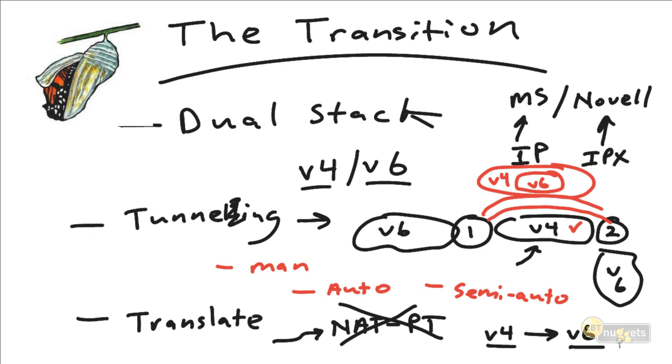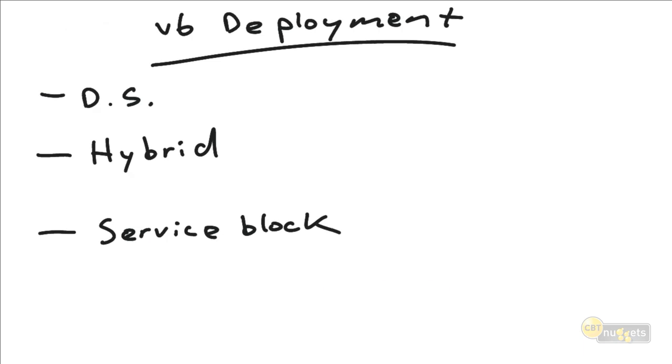So, transition mechanisms: dual stack gives the capability for many different types of tunnels, and what won't be as popular is translating a v4 address into a v6 or vice versa, translating a v6 into a v4. So I'm sure you're not surprised.